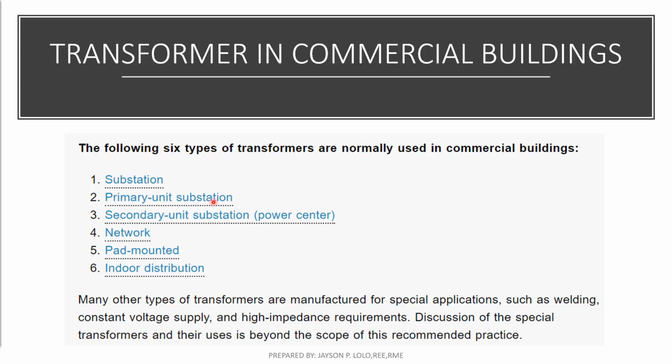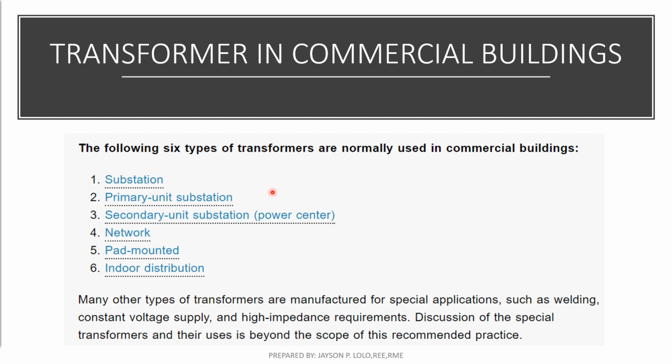For transformers in commercial buildings, there are six types normally used. Remember that these transformers need a large area or large space in your vicinity. We have substation, primary unit substation, secondary unit substation, network, pad mounted, and indoor distribution.